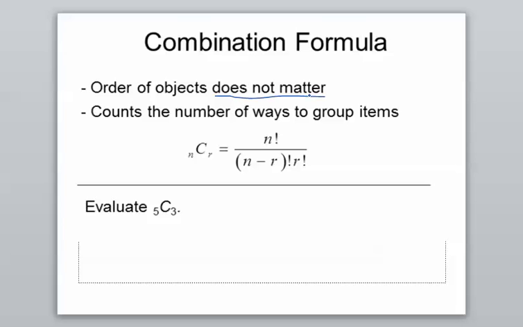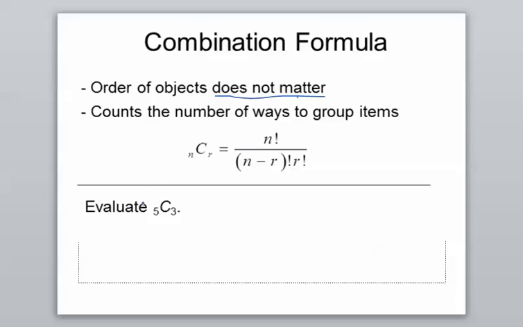It doesn't matter the order that I'm putting them in. I just need to select five of them to go. Okay? That would be an example of order not mattering. So it's just counting the number of ways to group the items together.